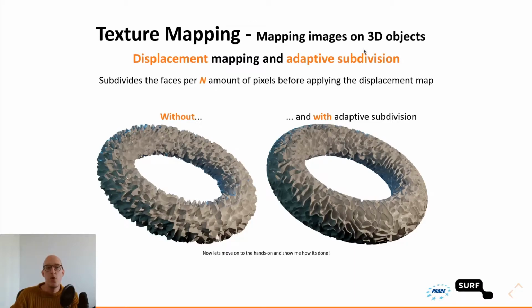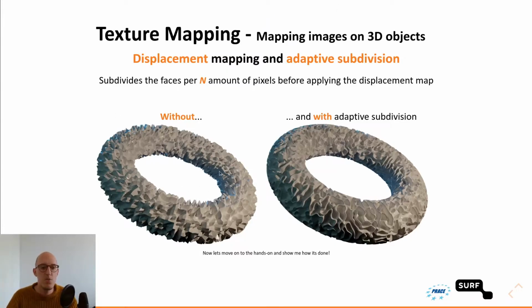So for example, if you subdivide the faces based on 1 pixel, then for every pixel, it will subdivide the mesh. So for every pixel, it has a vertex to displace, which makes the object look highly detailed. And an example has been shown here.